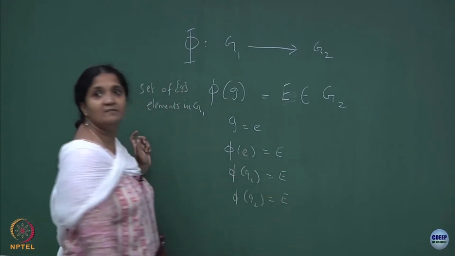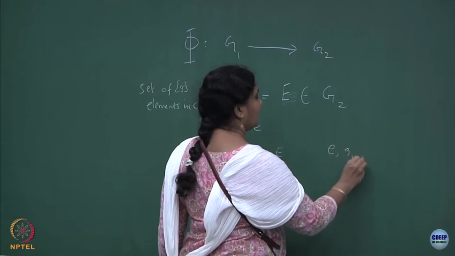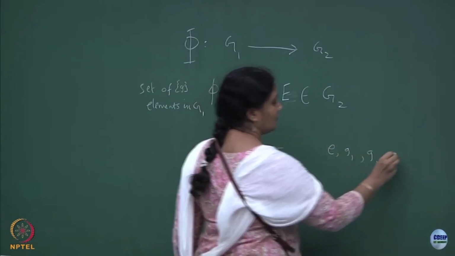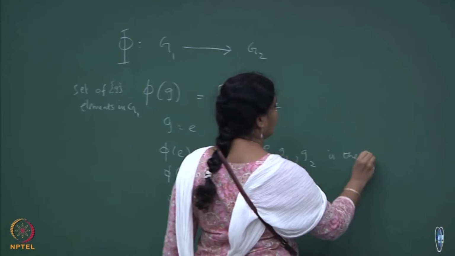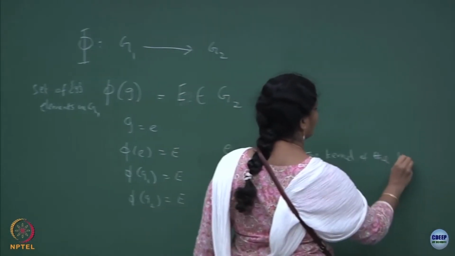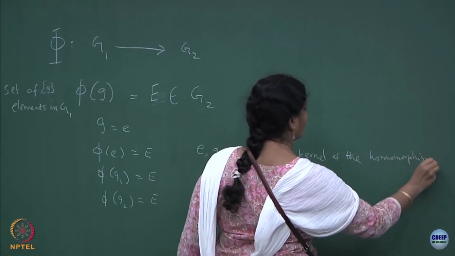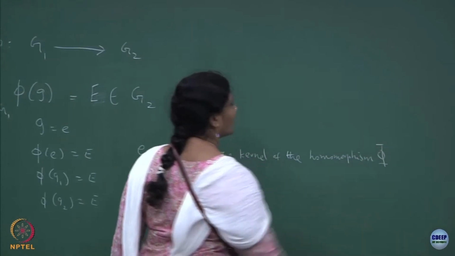Suppose you have this, then you say that E, G1, G2 is the kernel of the homomorphism. Okay.